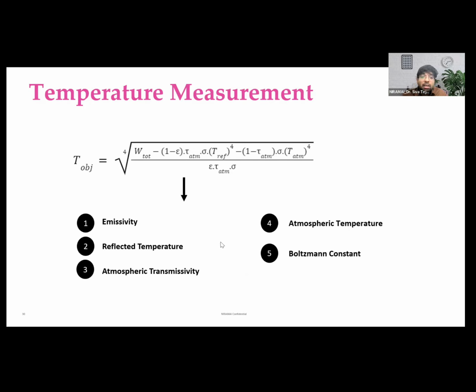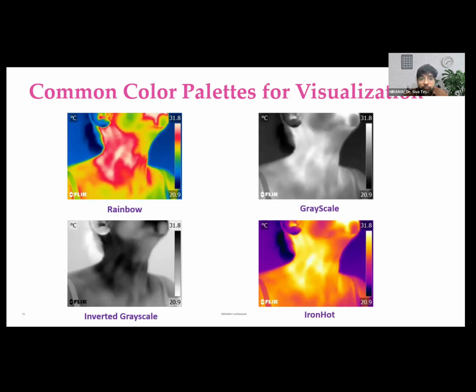Reflected temperature is typically obtained from the heat sources that are nearby. If you ensure that there are no heat sources, you can set this temperature value to 25 degrees centigrade. And atmospheric transmissivity and atmospheric temperature, since we are talking about the medium as air, will be close to 1, and these parameters don't contribute. So these are the two main parameters. If one sets them properly, we should be able to get accurate temperature measurement.